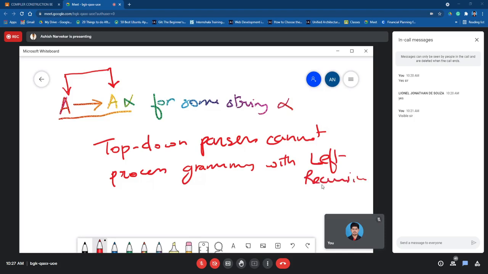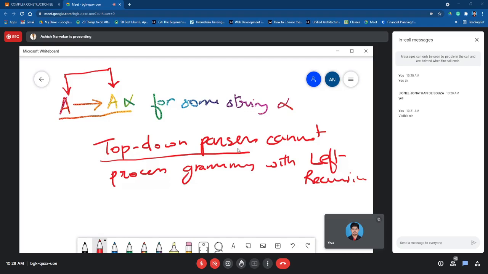So this is a major problem. Top-down parsers cannot process the grammars which contain left recursion because of it entering the infinite loop. When we take up the topic of top-down parsers, it will be more clear to you all why top-down parsers cannot process left recursive grammars.